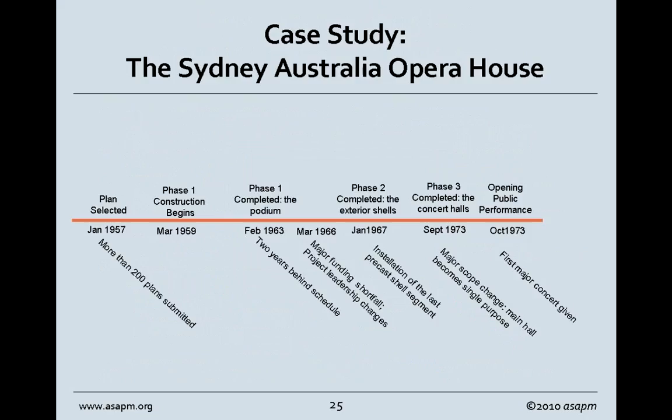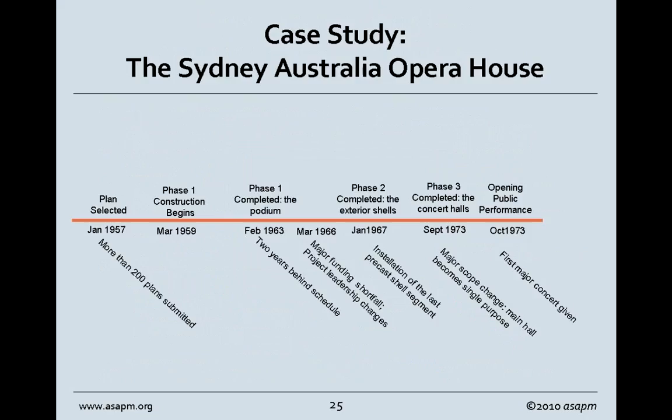The installation of the last pre-cast shell segment occurred at that point. In 1973, Phase 3 was completed, which was the main concert halls and the interior. Major scope change: at the last minute, they changed the main music hall, which was supposed to be multi-purpose.